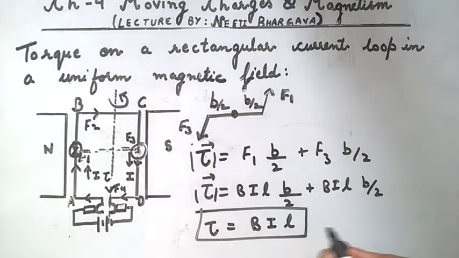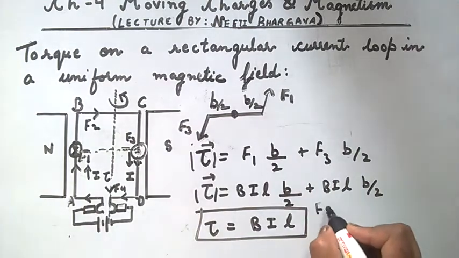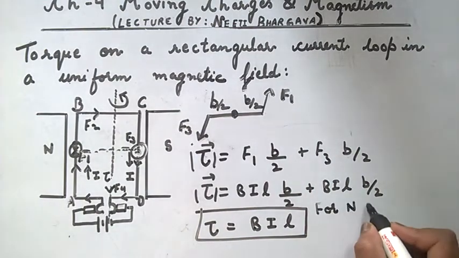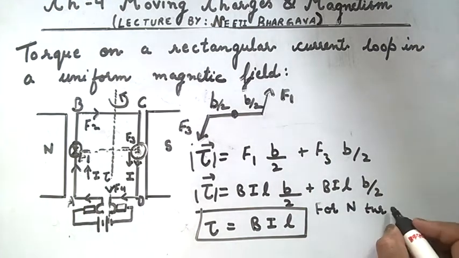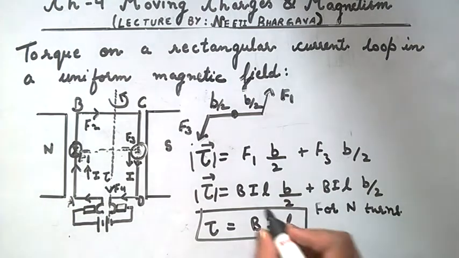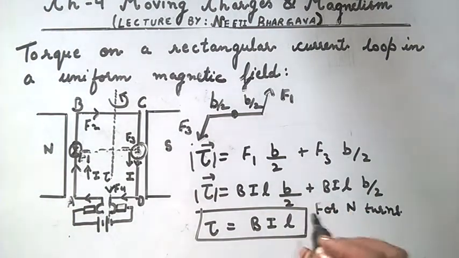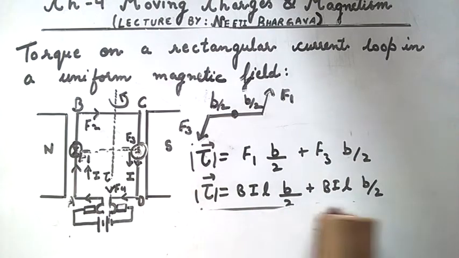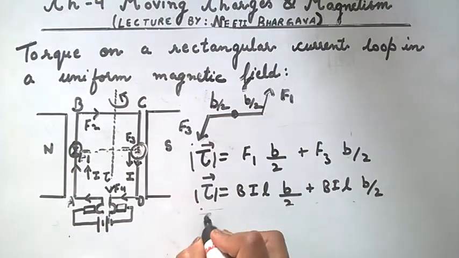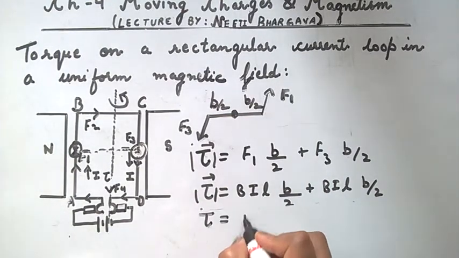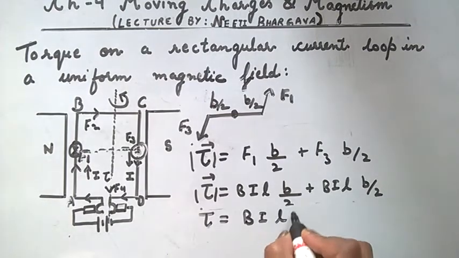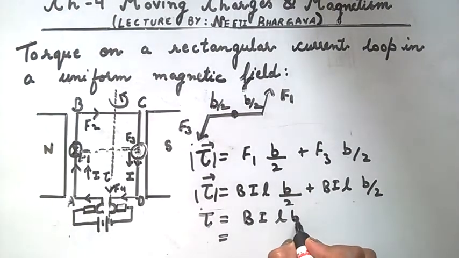For N turns, torque is equal to BIlb, or l into b is the area of the rectangle, so it is equal to BIA.